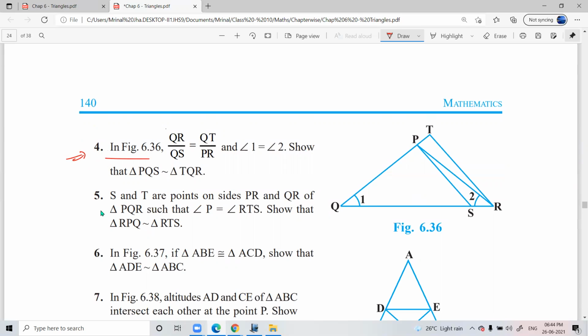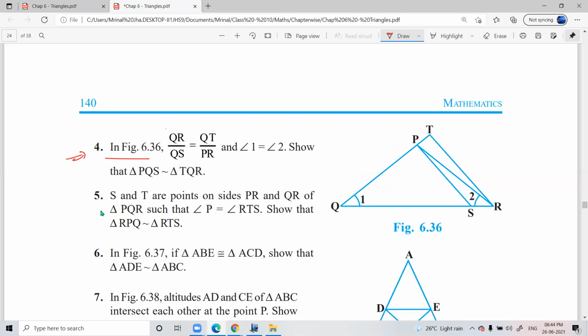What is this? 6.36, this figure. QR by QS, and QT by PR. They're saying angle 1 is equal to angle 2.